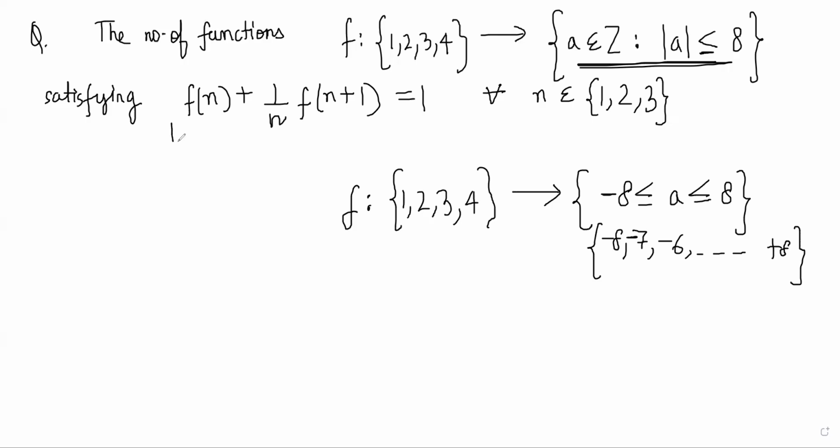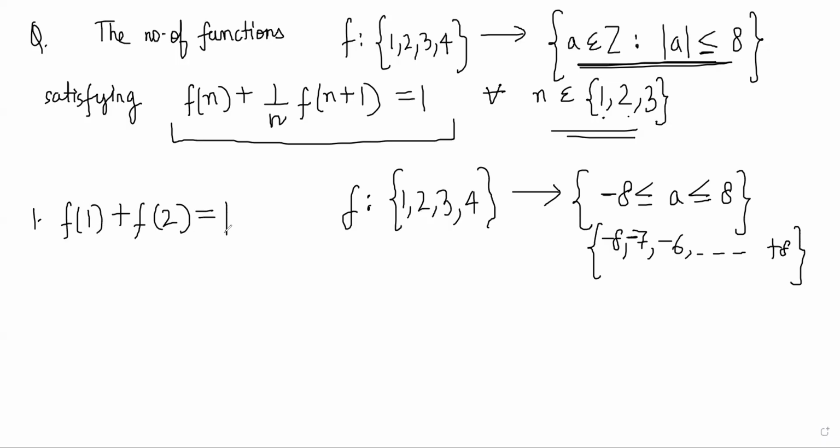And now you have to make sure that this condition is true for n is 1, 2, 3. Since only 3 values are there, we can write each of them separately by taking n equal to 1, n equal to 2, n equal to 3, right? Yes. So n equal to 1 gives f(1) + f(2) = 1.